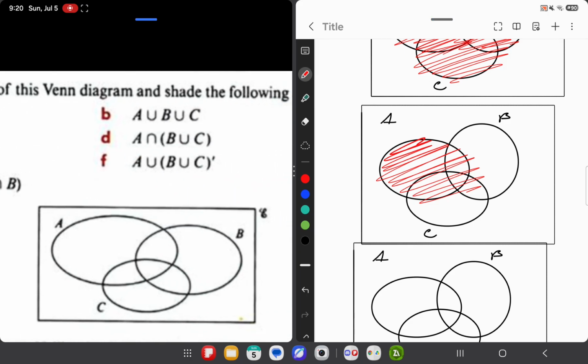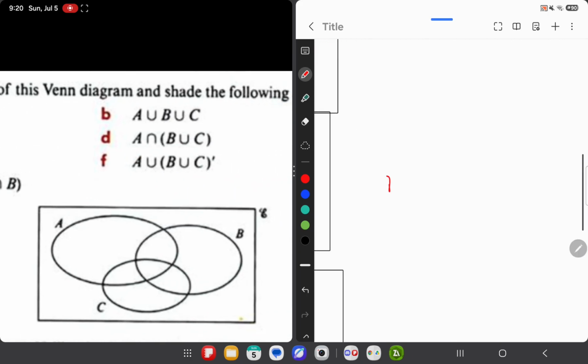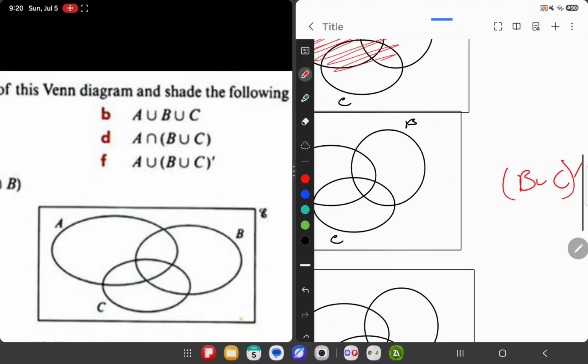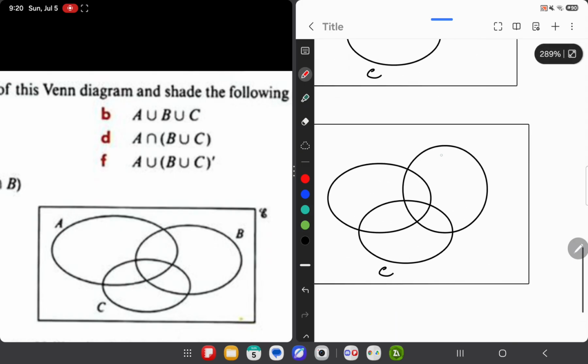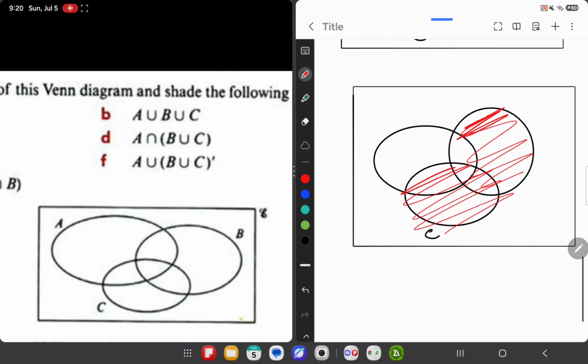Yada yada yada. Example, this B union C. If we have B union C, and in that bracket prime, example, we have B and C, but it has the prime in it, meaning we shade things outside this region. So what do we actually shade? We shade this sort of region.